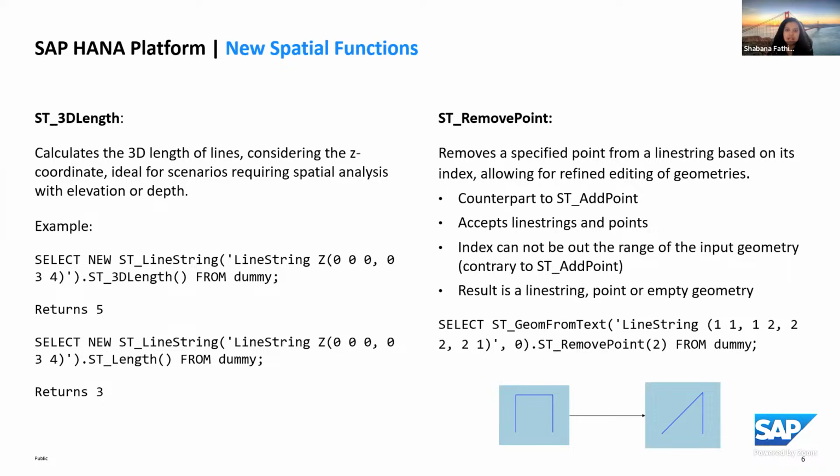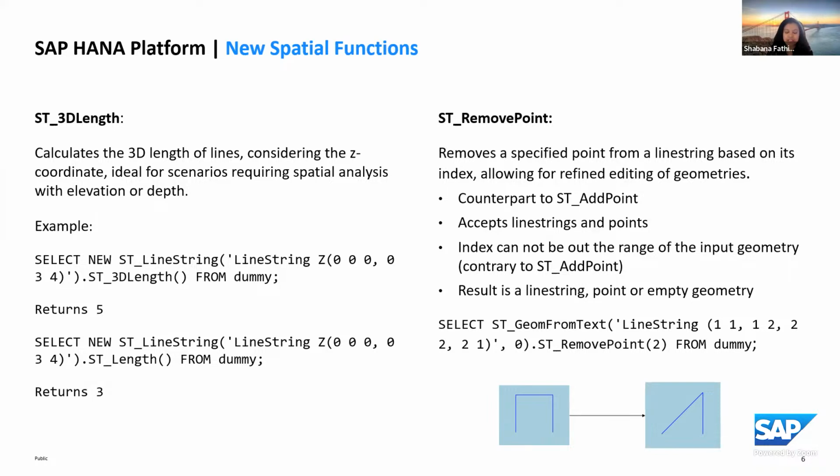If you're working with pipelines, for example in utilities, that vary in depth, or analyzing flight paths with respect to altitude differences, ST_3DLength would allow you to get more accurate measurements by also considering the Z coordinate. So it becomes a little bit straightforward to add depth to your spatial analysis, literally.